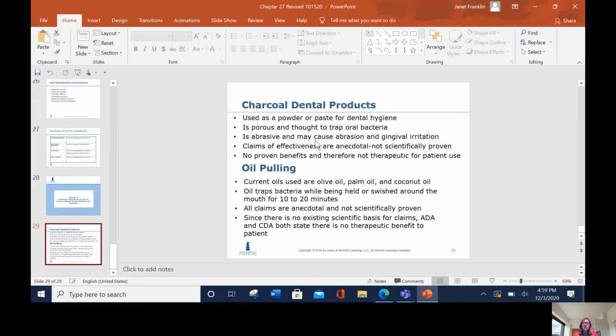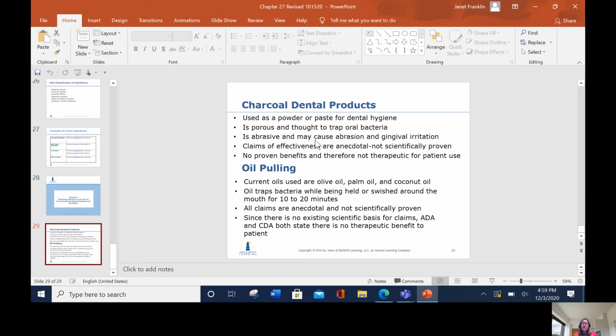Oil pulling is another one. Current oils used are olive oil, palm oil, and coconut oil. There's a belief oil traps bacteria while being held or swished around the mouth for 10 to 20 minutes. So if you can imagine holding oil in your mouth for 10 to 20 minutes to kill bacteria.